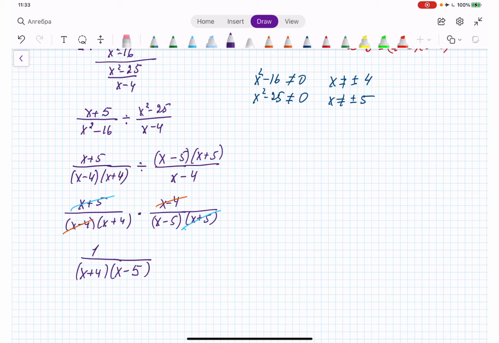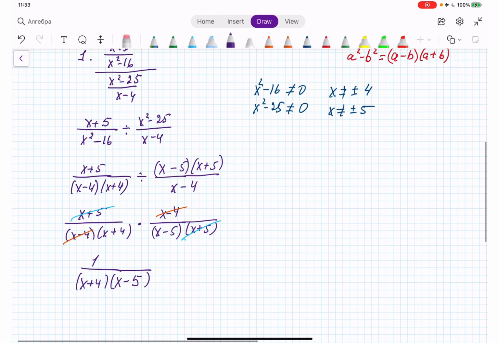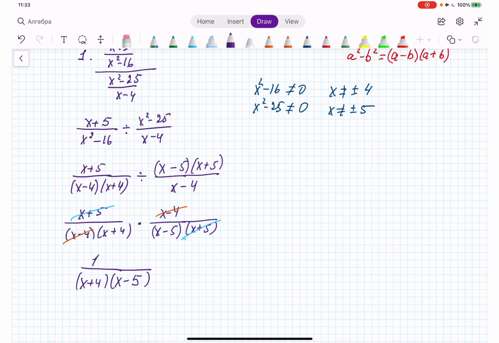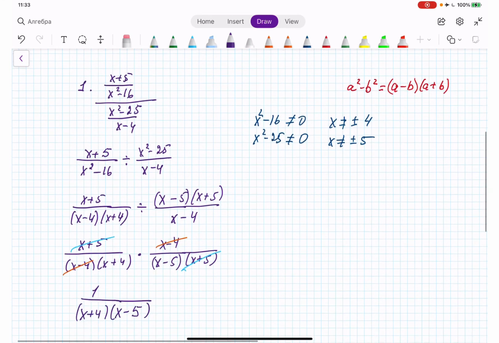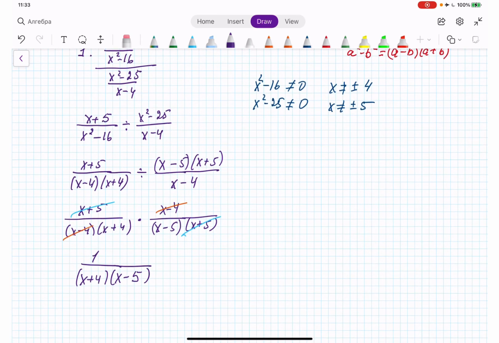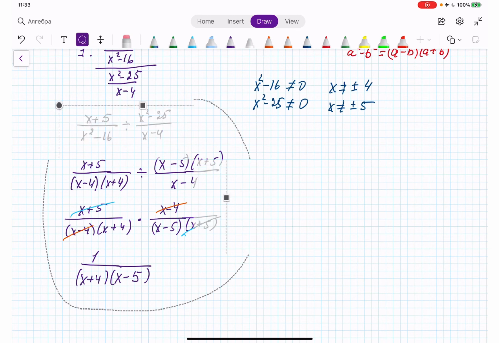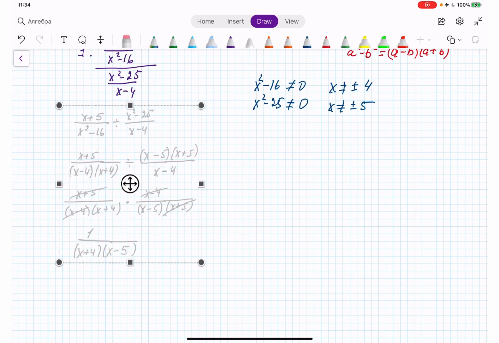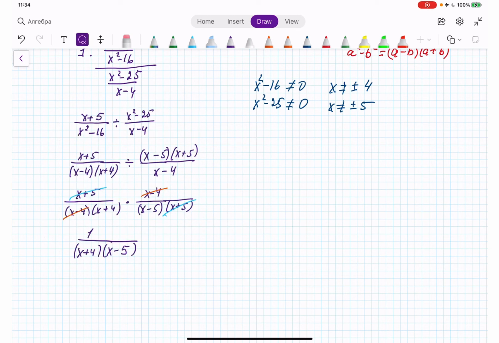Okay, next one. The same idea can be used when simplifying a complex rational expression that includes more than one rational expression in the numerator or denominator. There is, however, a shortcut that can be used there. Let's see how we are going to do it.